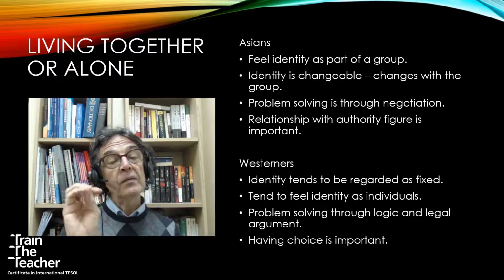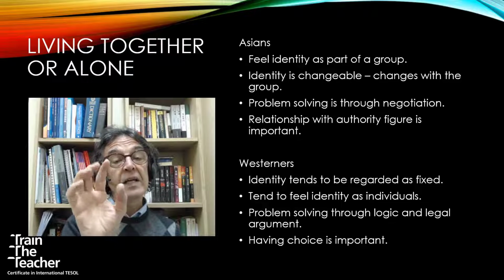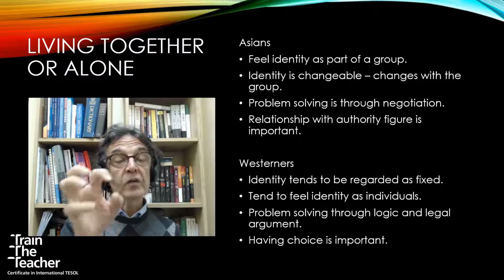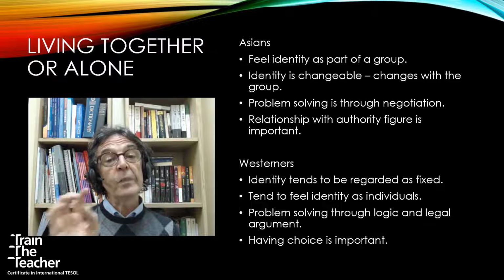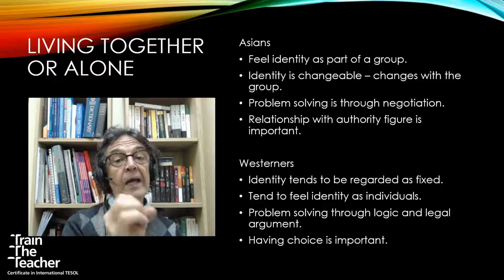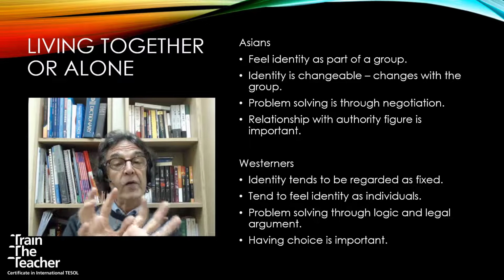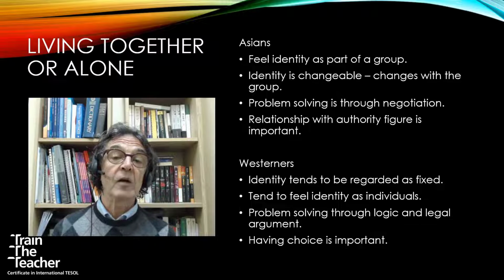It would appear for Asians it's not so important, that that identity can quite easily and rapidly change according to the group that you're in. A Westerner changes group, he tries to bring his identity with him. An Asian changes group, he or she quite rapidly is happy with changing the identity in that group.